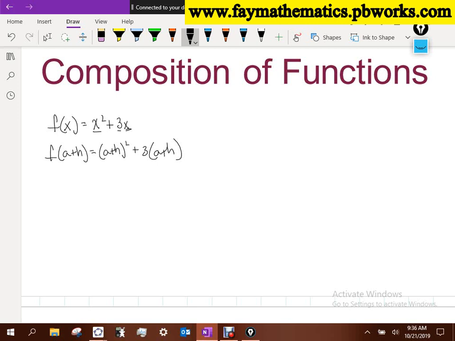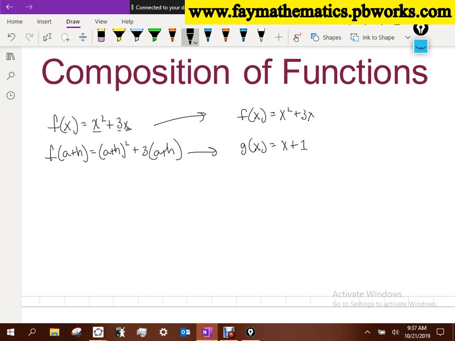Let's translate that over to the notation that we're going to use. Let's say f of x is equal to x squared plus 3x. And now instead of calling this f of a plus h, I'm going to call it g of x. And instead of using a plus h, let's just use x plus 1.